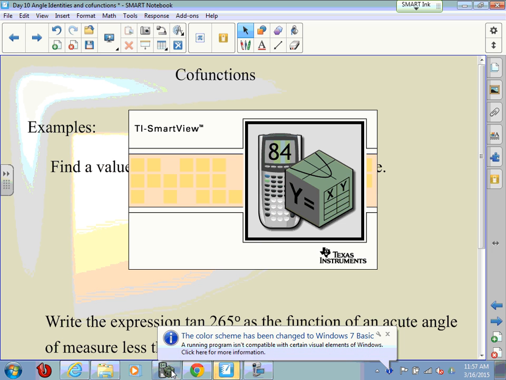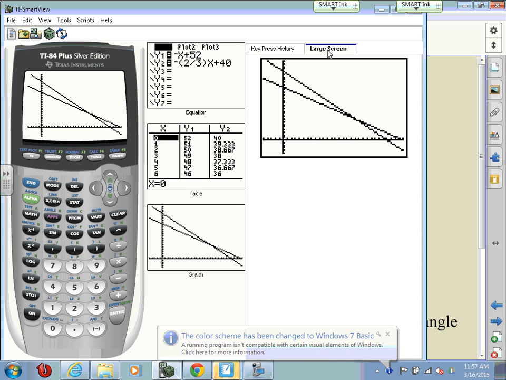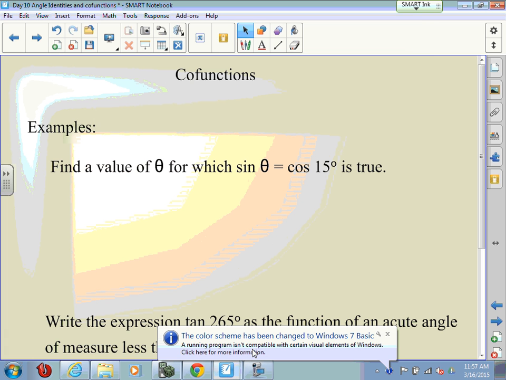So what do you think your answer is? I think it should be 75, because you just want theta and 15 to add up to 90. So how do you check yourself?